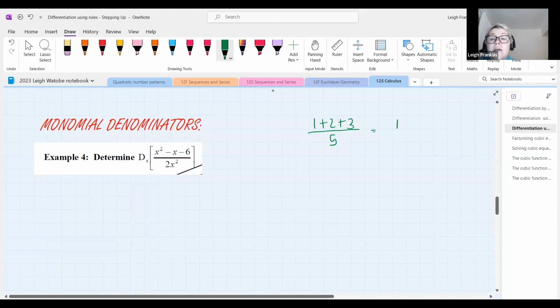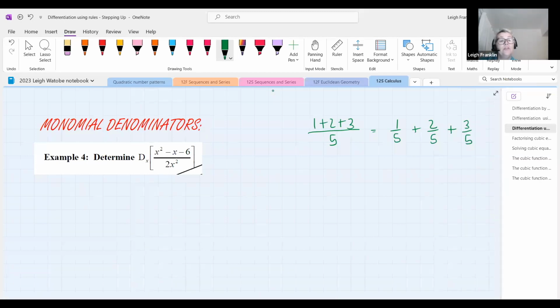You can write it as 1 over 5 plus 2 over 5 plus 3 over 5. And that's what we're going to do here, right? So when you've got a monomial denominator, you need to split the numerator over the denominator. So that's your first step.